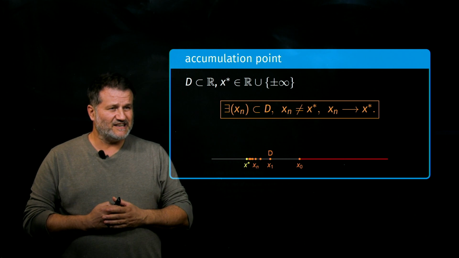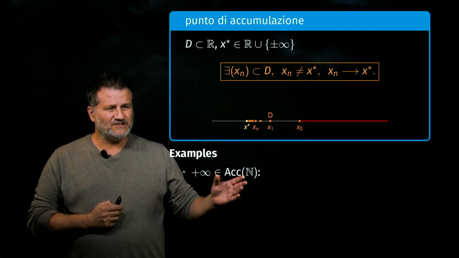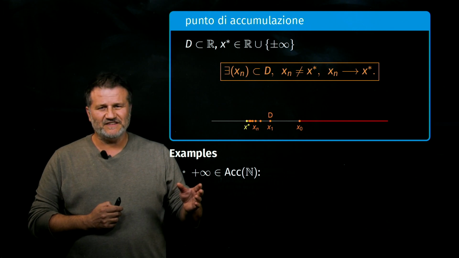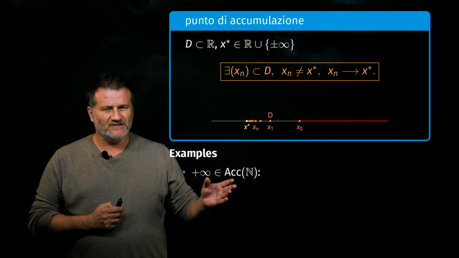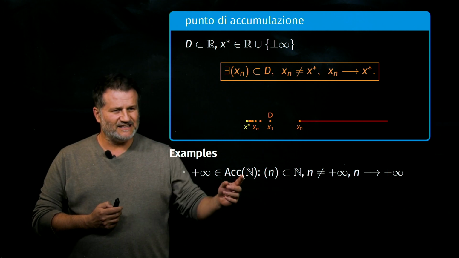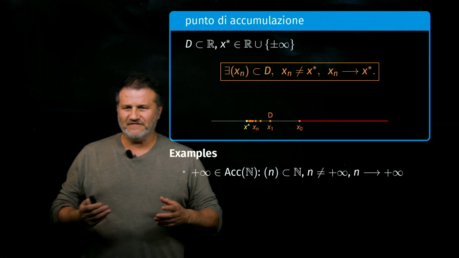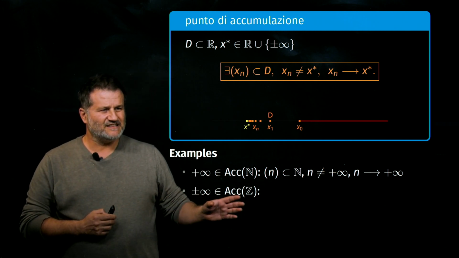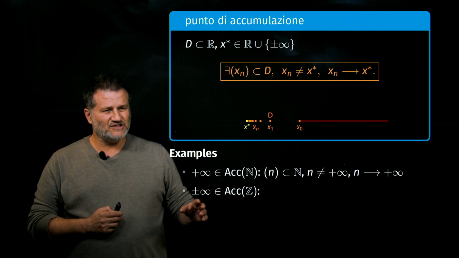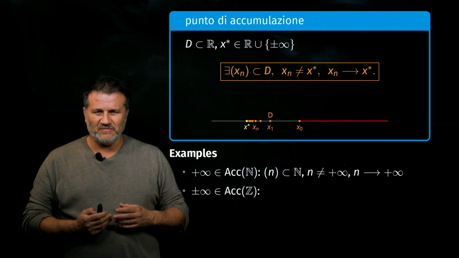So let's see some examples of this definition. Here we have the set D of naturals, and we show that plus infinity is an accumulation point. We just need to take the sequence of natural numbers, which is contained in the set. It is different from plus infinity, and it goes to plus infinity. If the set is the set of integers, in addition to plus infinity, we can show that also minus infinity is an accumulation point.